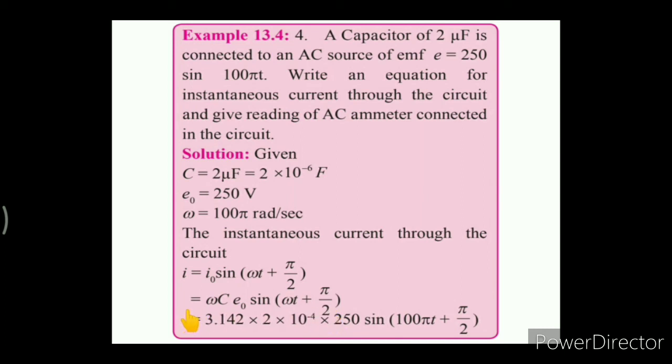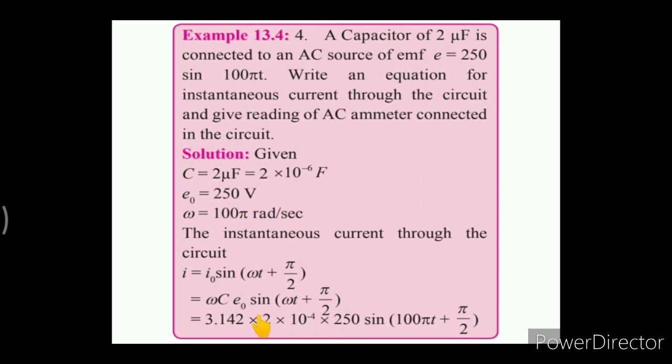So next we have to substitute the values in this equation, and hence we get I is equal to omega as 100 pi, where the value of pi is 3.142. So we can write 100 into 3.142, then into the value of C, 2 into 10 raised to minus 6.